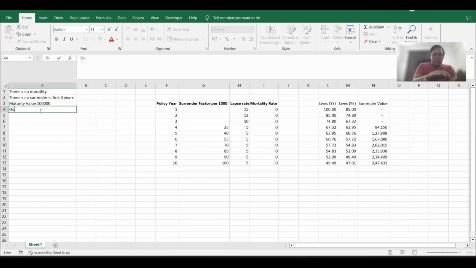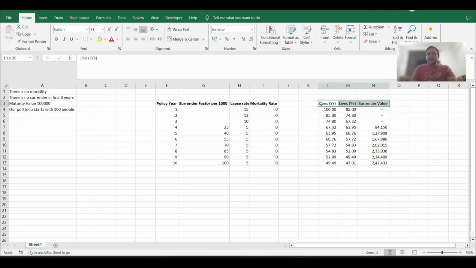Our portfolio starts with 100 people. Now, if you assume that there is no premium, nothing, and if you have a thought process about what the discount rate is, you can also calculate the reserve value.